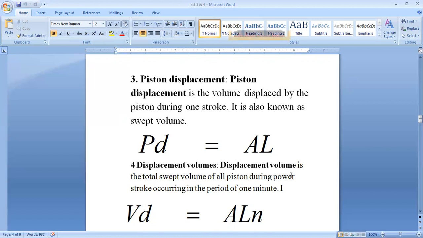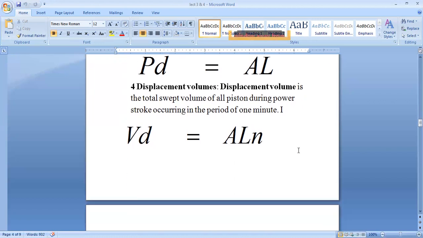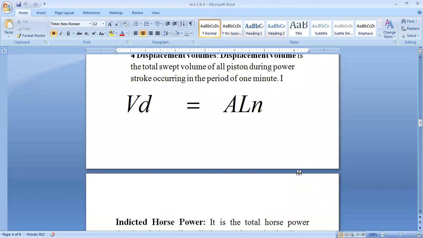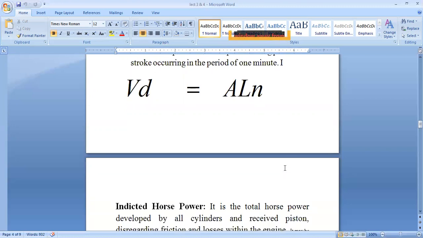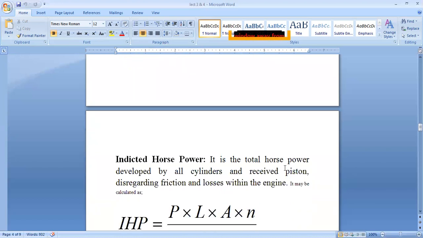Vd equal to A into L into N, remember it, A, L into N. A is the area of piston in square centimeter, L is the length of stroke, and N is the number of power strokes.